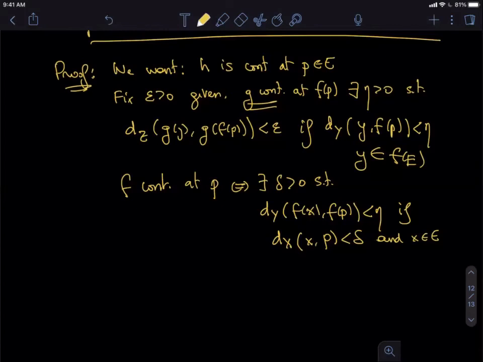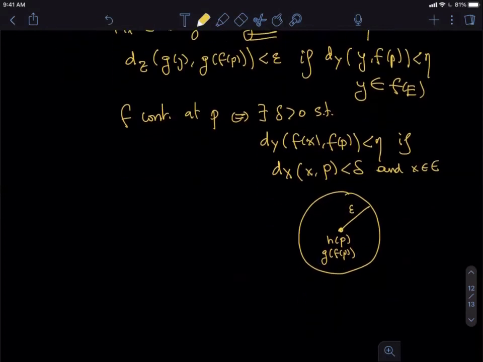Let me make this more clear with a picture. So here we have our g of f of p, and this one is inside the neighborhood. And this neighborhood has some radius epsilon that is given. Okay, so we are given this epsilon.